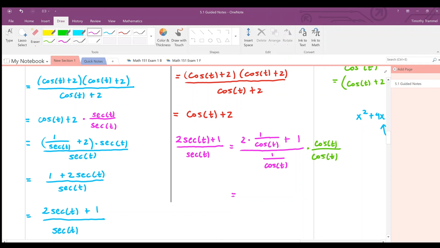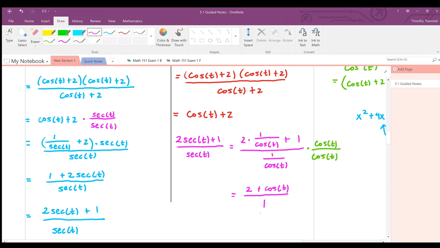Right, and if we distribute that cosine of t in the numerator, we have 2, and actually just 2, because cosine of t times 1 over cosine of t will just be 1. Then plus cosine of t. And in the denominator, we have 1 over cosine t times cosine of t, which is just 1.